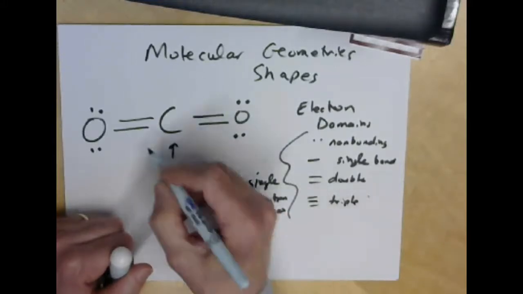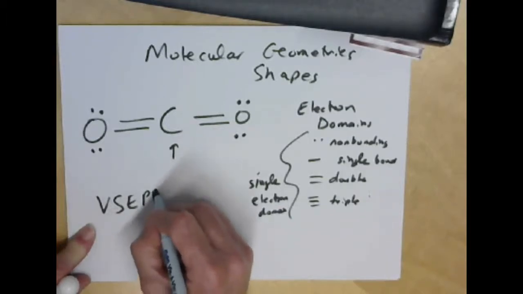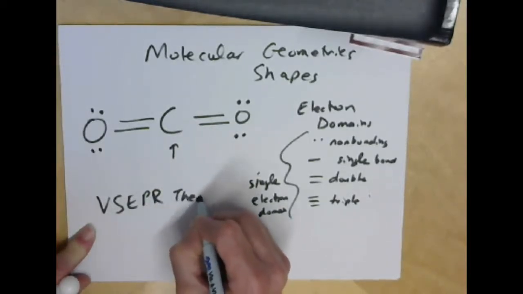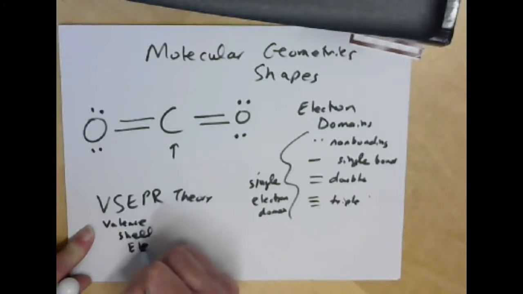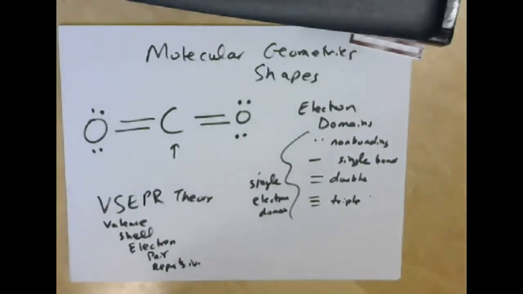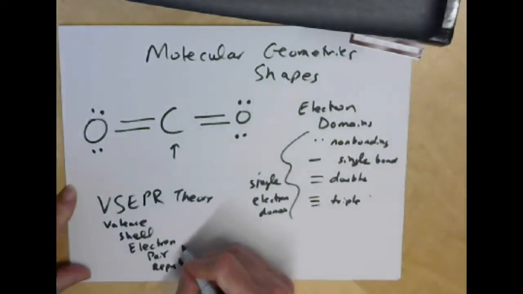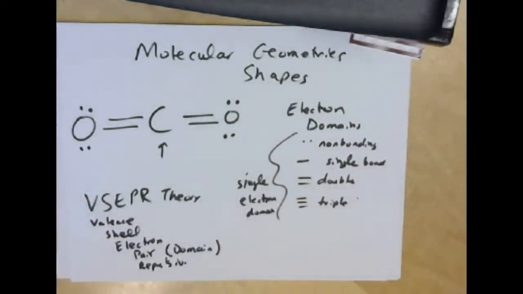So what we're using is something called the valence shell electron pair repulsion theory. That's a classical name of it. We could rename it the valence shell electron domain repulsion theory for what we're going to do here.